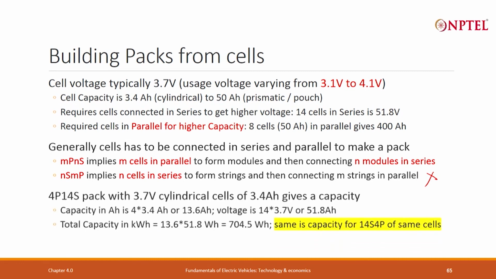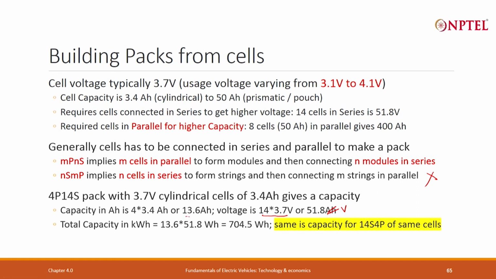So, 4P14S, what does it mean? There are 4 parallel cells and 14 in series. 14 in series you can calculate, 14 in series will give you 14 into 3.7 or 51.8 volts, not ampere hour, 51.8 volts. This is a volt. 4 in parallel, now it depends, suppose I use a cylindrical cell of 3.4, I get 13.6 Ah.